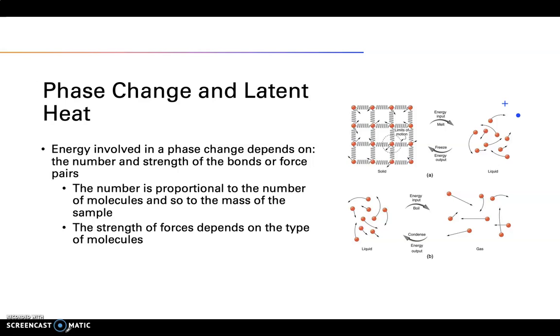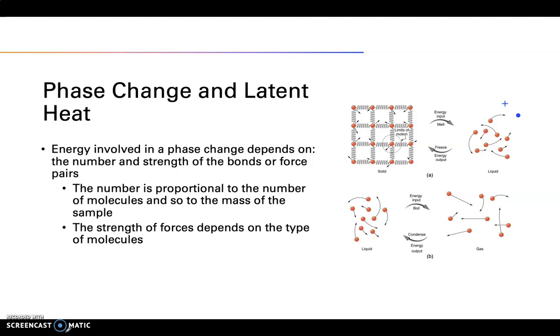The energy involved in these phase changes depends on the number and the strength of the bonds, or force pairs, of the molecules. The number of bonds is proportional to the number of molecules and so to the mass of the sample. The strength of the forces depends on the type of molecules.